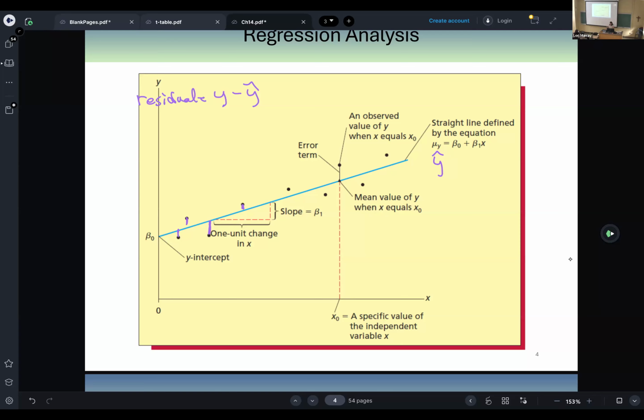And the sum of all these equals 0 when we add them all up, because we've minimized them all. All those distances have to add up to 0, and you know you've done it right.